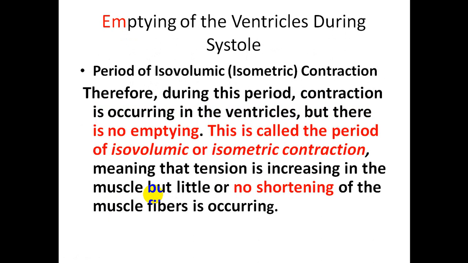Therefore, during this period, contraction is occurring in the ventricle, but there is no emptying. This is called the period of isovolemic or isometric, meaning that tension is increased, pressure increased in the muscle. There is little or no shortening in the shape of the heart.